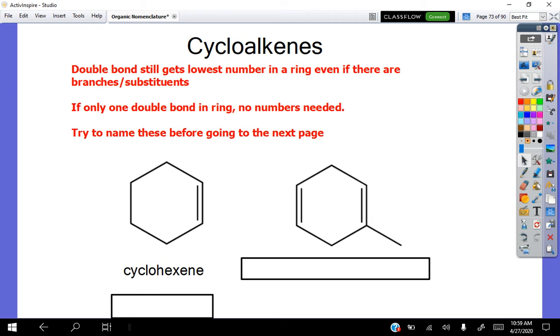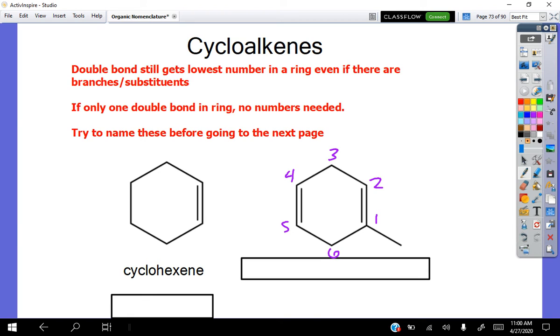Now take a look at the other one. Now this one's kind of tricky because we have 2 double bonds, and we want to number in such a way so that the double bonds have the lowest numbers possible. Okay. I also see a substituent here, so I'm going to make that carbon number 1. 2, 3, 4, 5, 6 is one option.